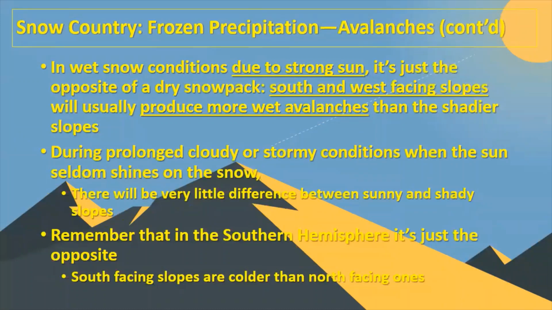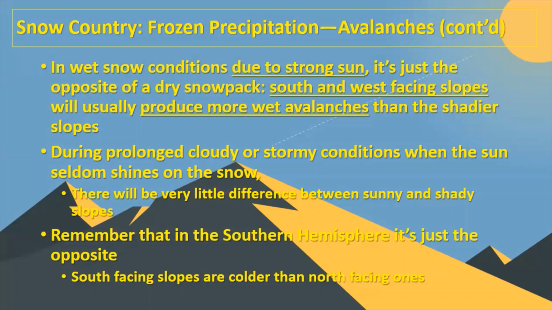In very wet snow conditions, due to strong sun, so now we're thinking this is occurring on the south-facing slope, it's just the opposite of the dry north-facing snowpack. So these south and west-facing slopes produce more wet avalanches than the shadier north slope. A wet avalanche has flow properties that are much different than a slab avalanche on the north-facing, northeast-facing slope.